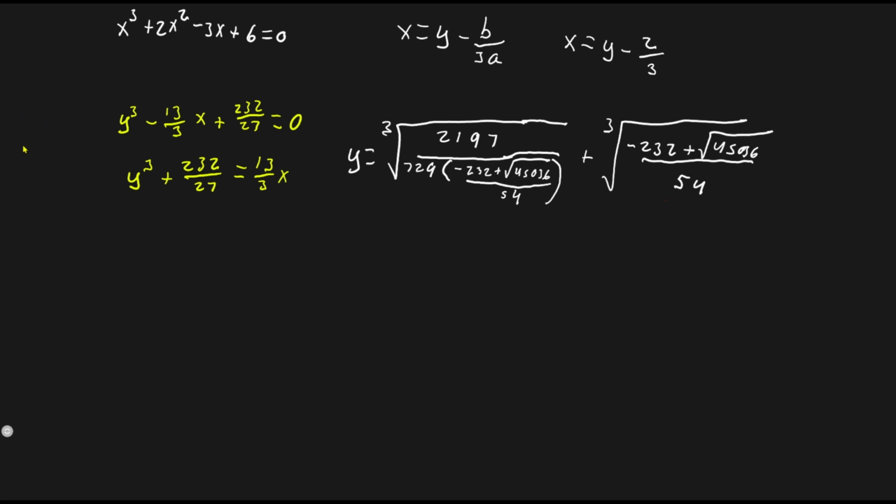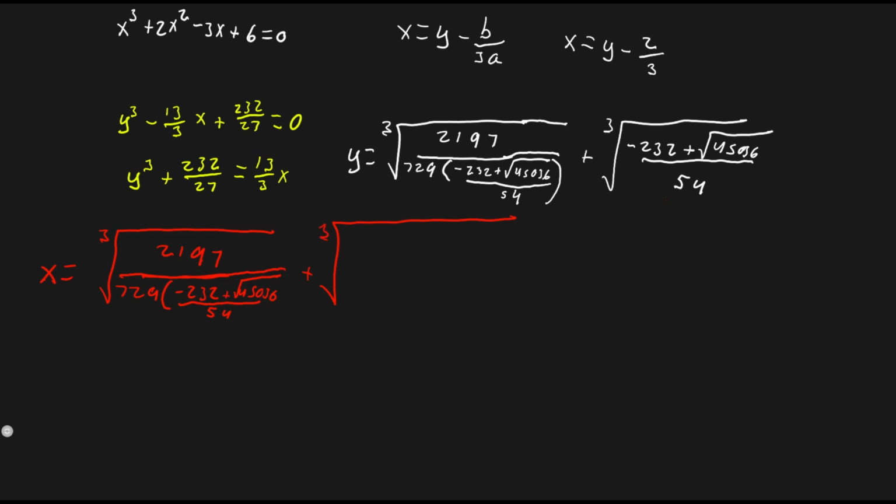So now with that out of the way, we're going to get x is equal to the cube root of 2,197 divided by 729 times negative 232 plus the square root of 45,036, plus the cube root of negative 232 plus the square root of 45,036 divided by 54, minus 2 over 3.